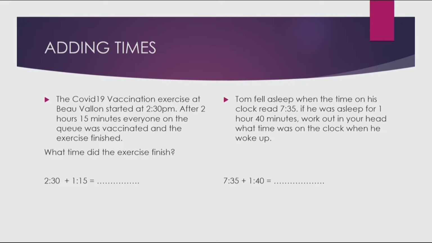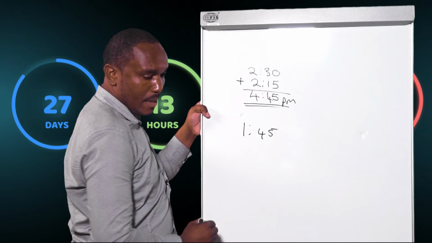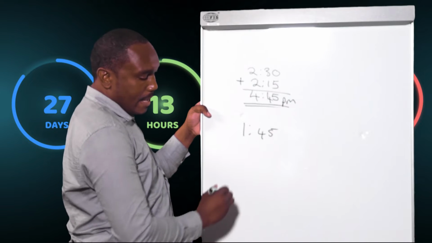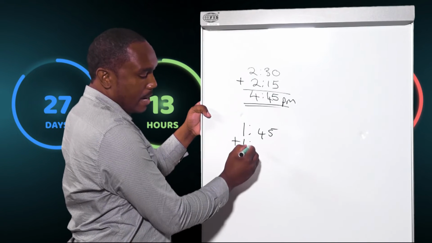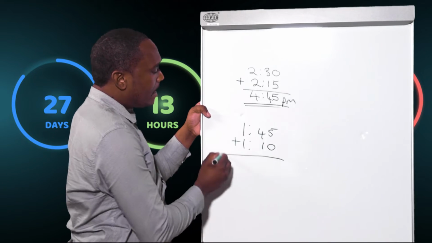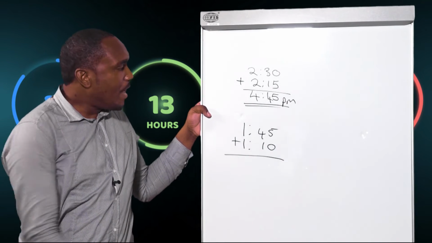Okay, so let's look at another example. Let's try to add this other number, 1:45. Then we add 1 hour and 10 minutes. It's also very, very simple there. The method is the same.